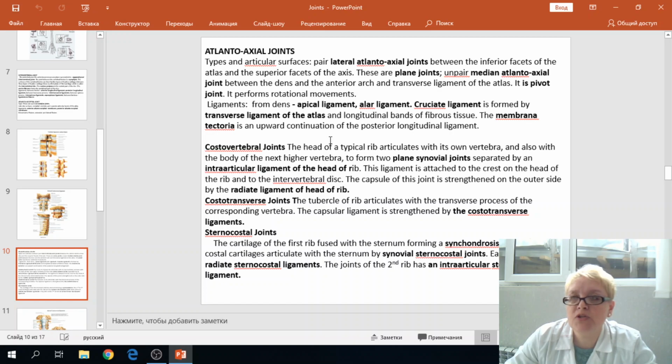And the second to seventh ribs articulate with the sternum and form the synovial sternocostal joints. Each joint has the radiate sternocostal ligament, which is present outside the capsule, and the joint of the second rib has an interarticular sternocostal ligament because the second rib articulates with the costal facet which is present between the manubrium and body of the sternum.